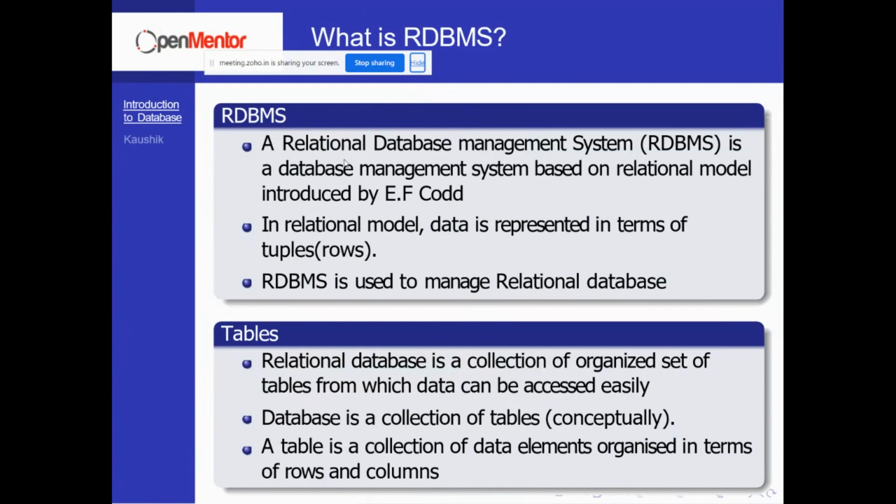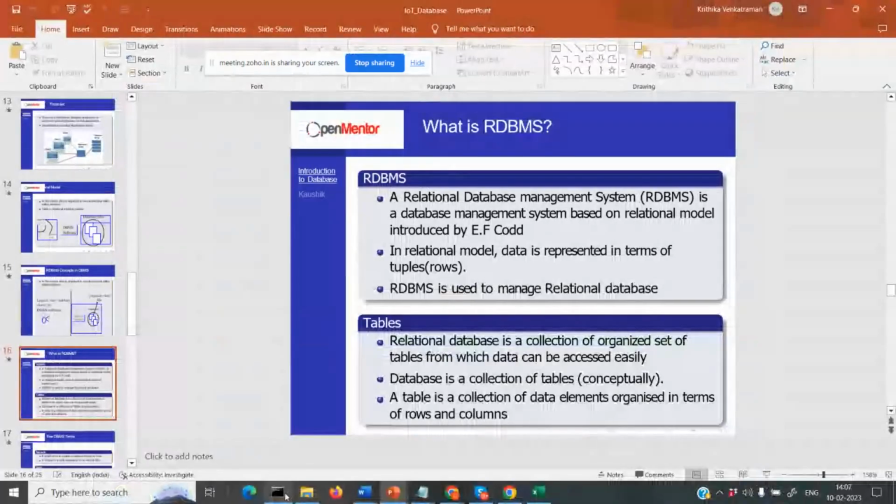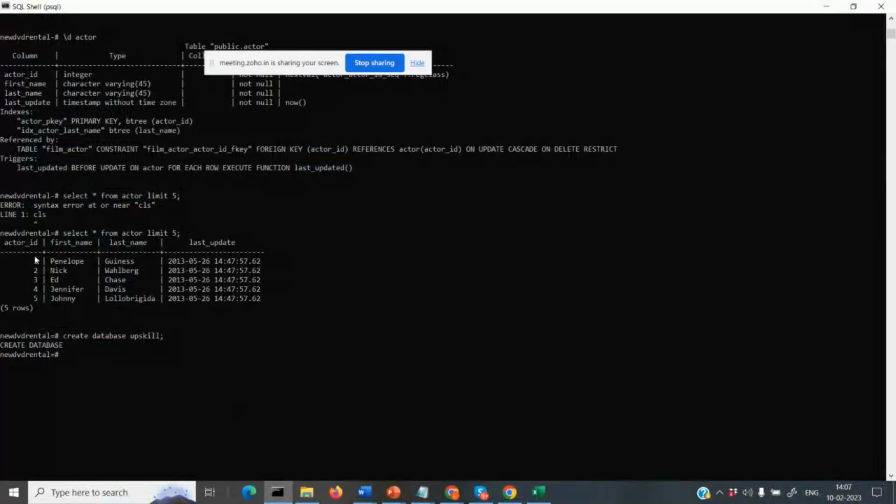What do you mean by tuples or rows? This one row is a tuple. One row is one tuple. So instead of saying row, we call them tuples. It's all one and the same. Each row is actually a tuple.